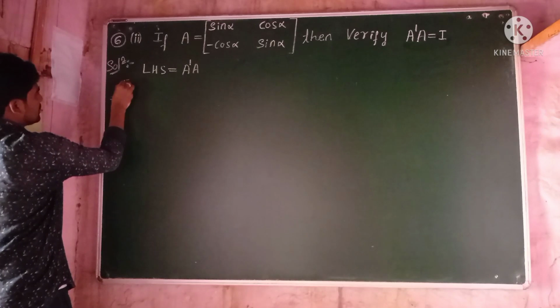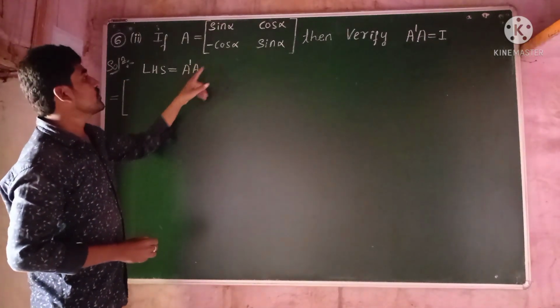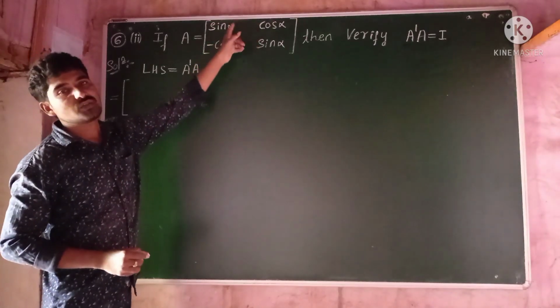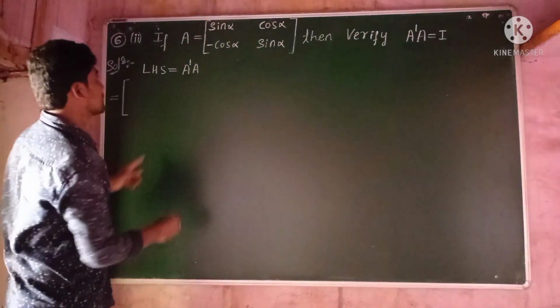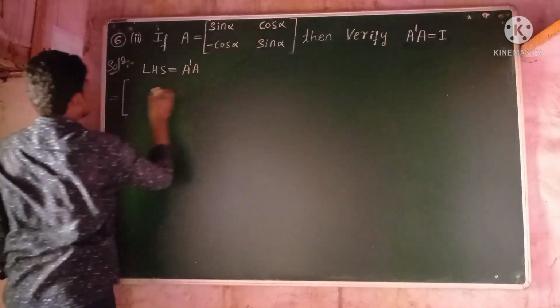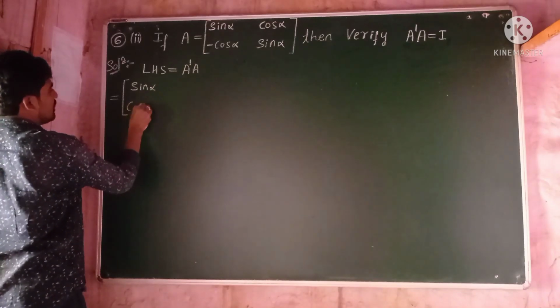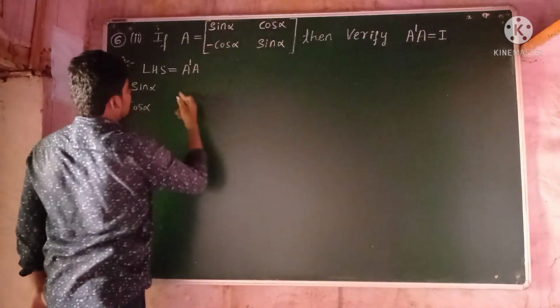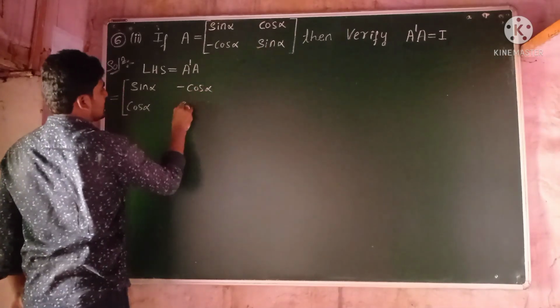which is equal to, the transpose of the matrix A is obtained by interchanging rows and columns of the matrix A. Hence, the first row becomes the first column: sin alpha, cos alpha. The second row becomes the second column: minus cos alpha, sin alpha.